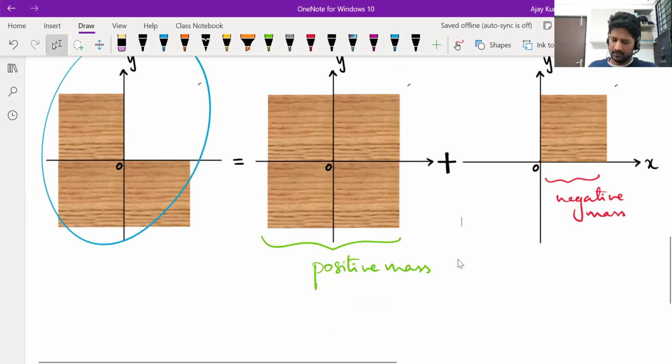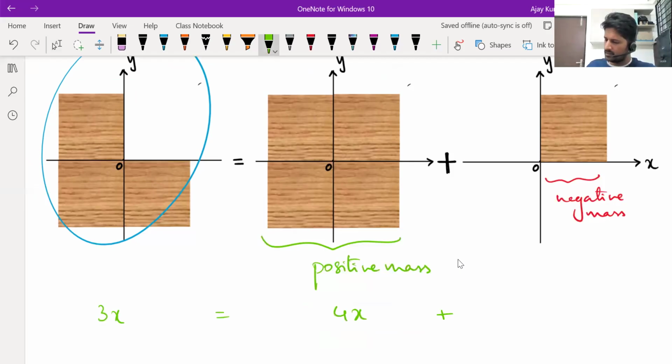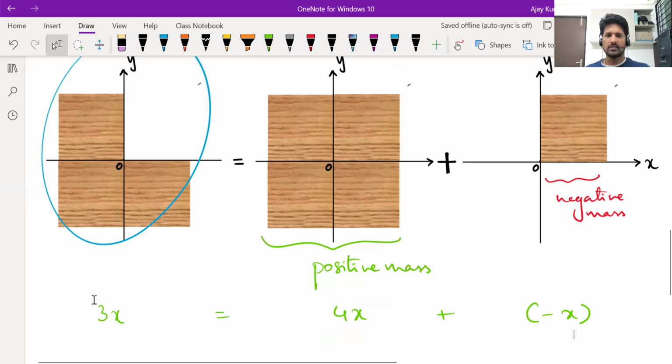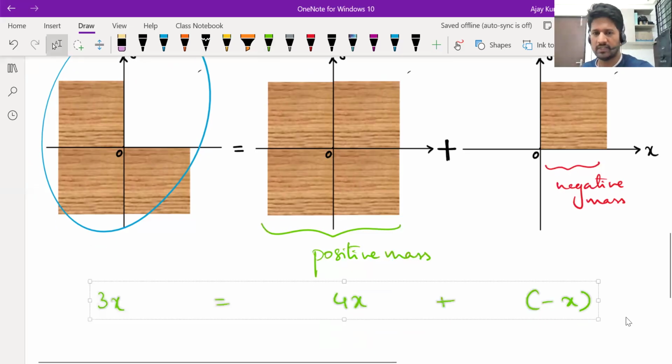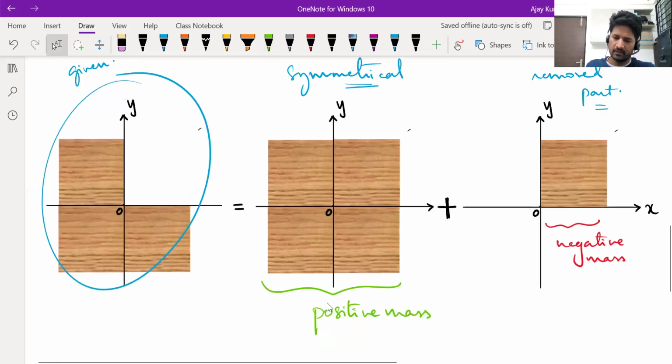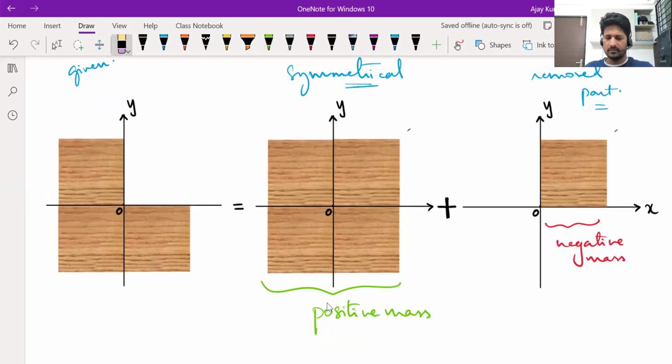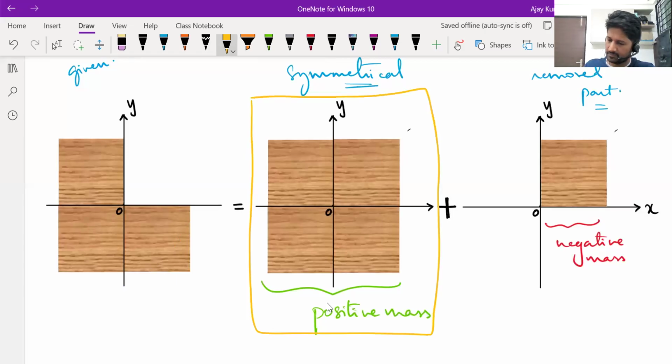It's like writing 3x is equal to 4x plus negative of x, where x represents each part of the square, each quarter of the square. Now, what is the advantage of taking it like this? The given system, this L-shaped object, is now being treated as a combination of two systems. This is one system for us, and this is another system for us.